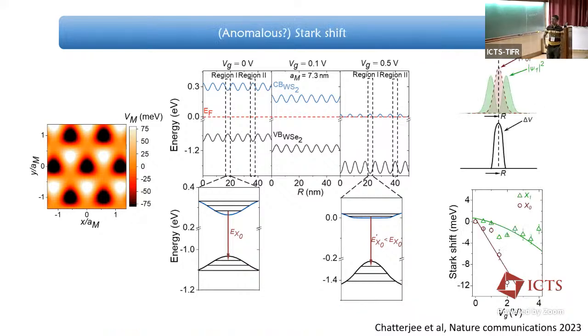So what's the signature of this? If you look at the potential fluctuation again, the maximum you will see is at the center of the Moire pocket. So right here, you will have maximum perturbation, and away from it, you have minimum perturbation.